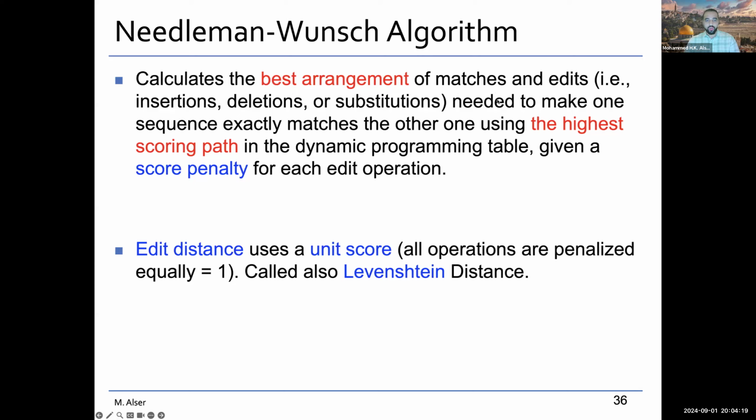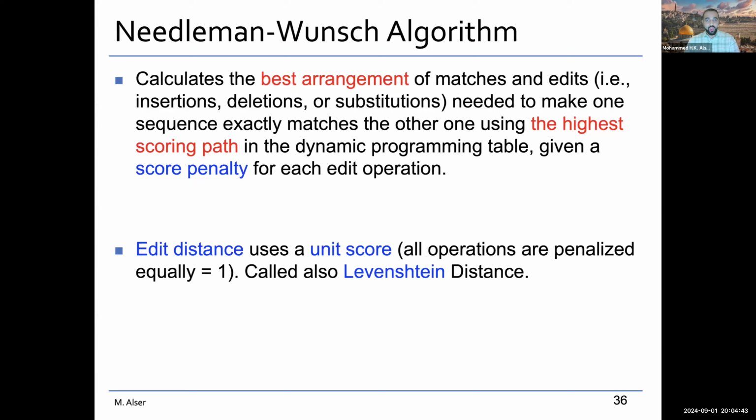What type of edit operations? We still have the exact same as in edit distance, which are insertion, deletion, substitution. Those needed to make one sequence exactly match the other one using the highest scoring path in the dynamic programming table.